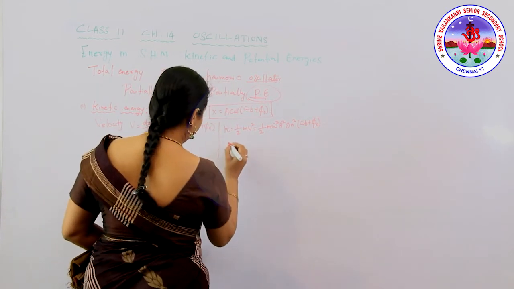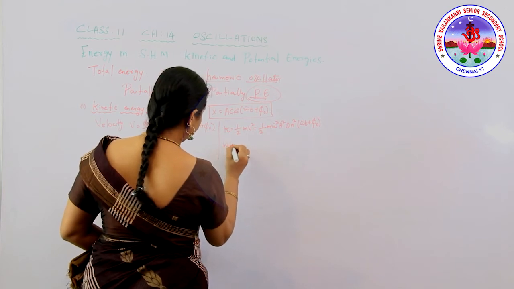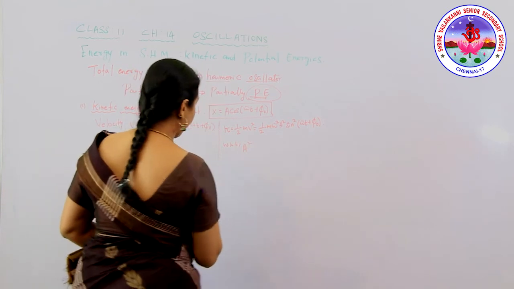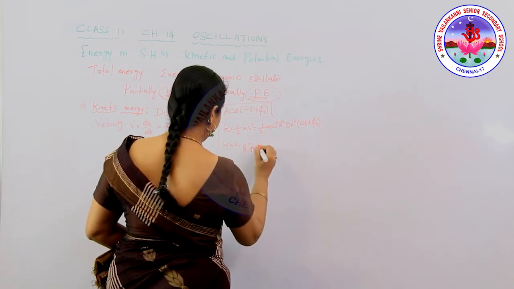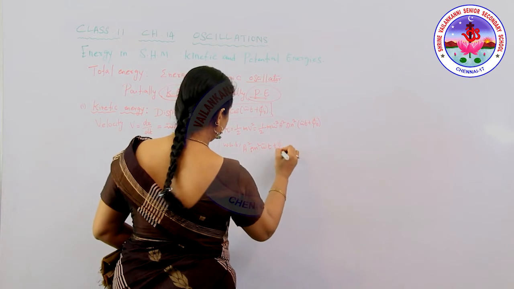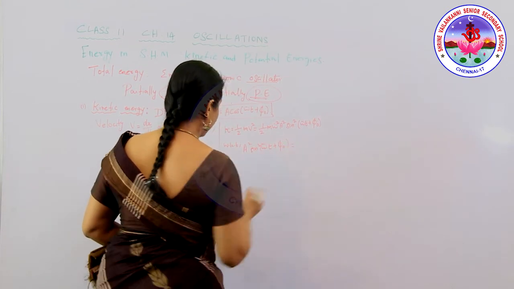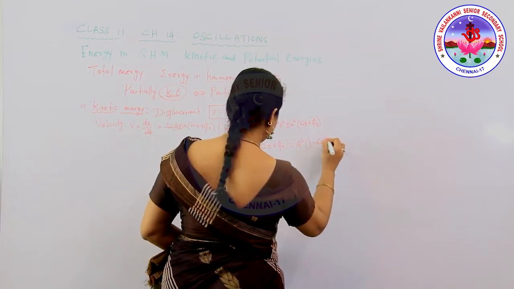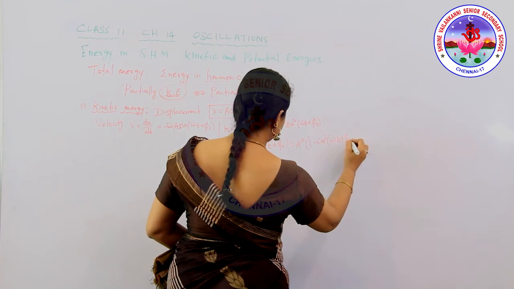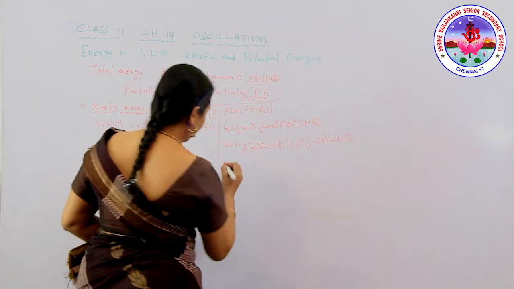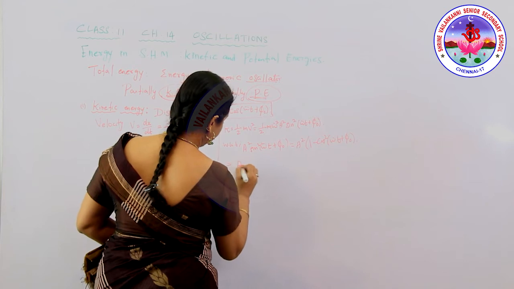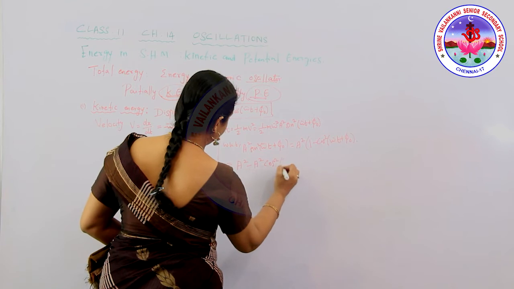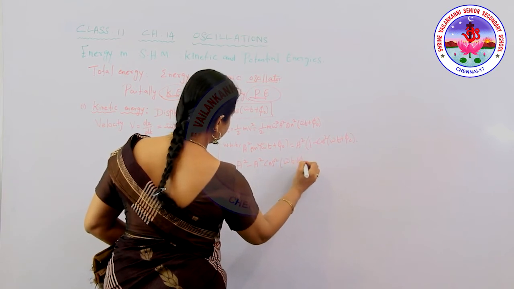Then here, as we know that a square sin square(omega t plus phi naught), which is equal to a square into 1 minus cos square(omega t plus phi naught), right? Then we will write a square minus a square cos square(omega t plus phi naught).